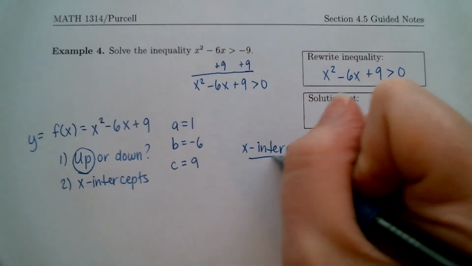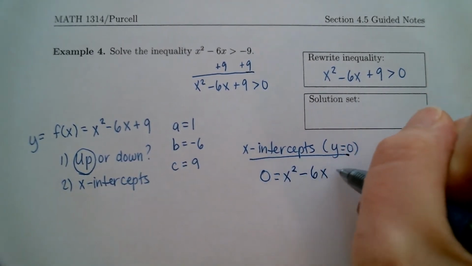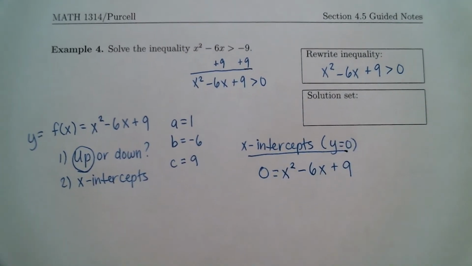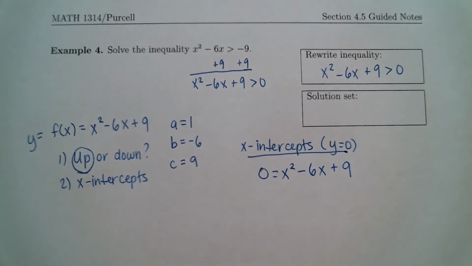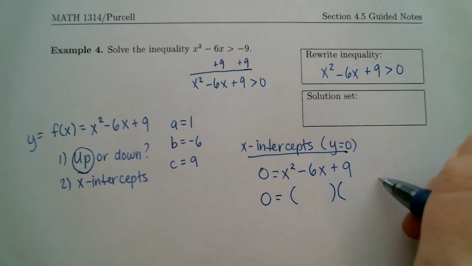So we're going to end up with 0 equals x squared minus 6x plus 9. The easiest thing here is probably to factor this, but again, you could use the quadratic formula. So let's try to factor this.